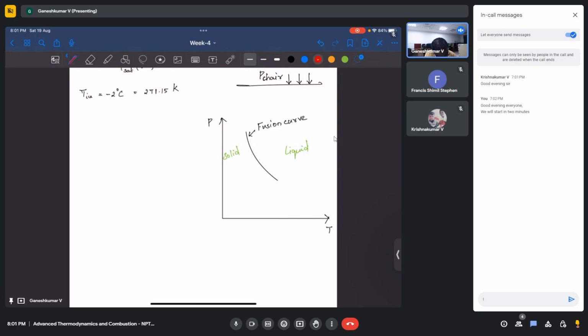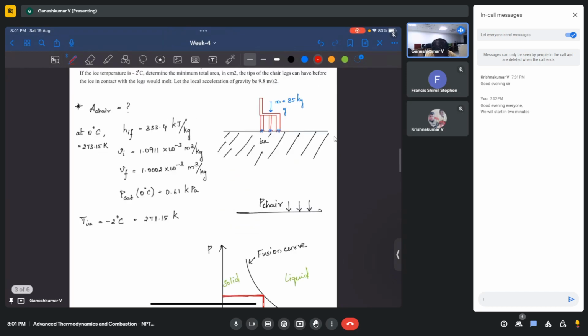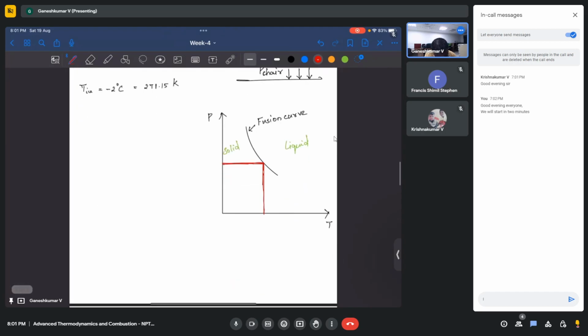Now, at 0 degrees Celsius, this is the P and T I gave. So this is P saturation, this is T saturation. Now my ice is at minus 2 degrees Celsius, which is a little bit less, let's say somewhere over here.